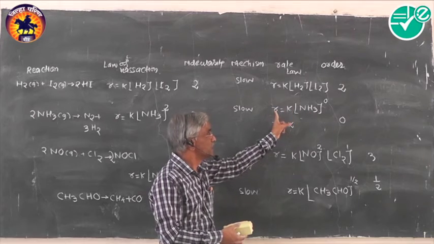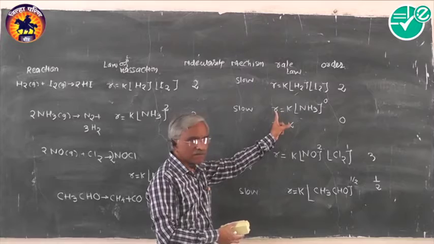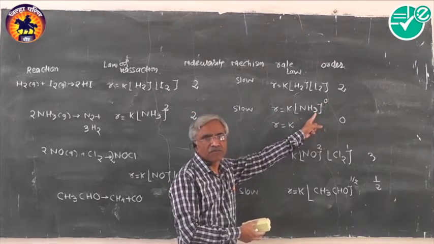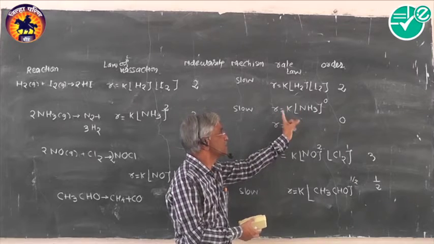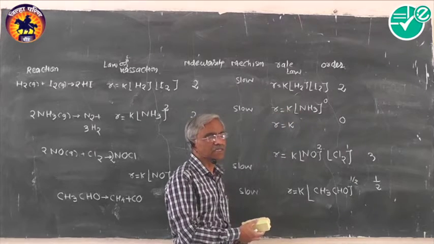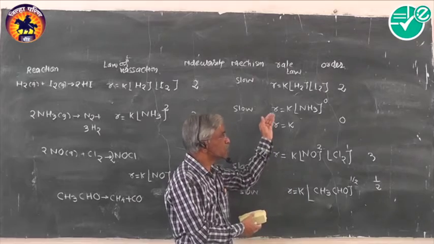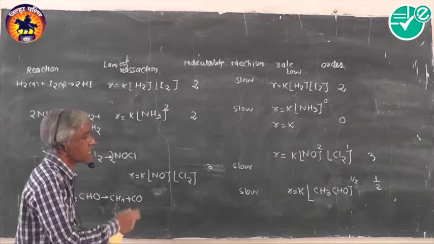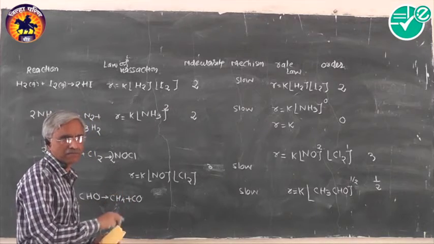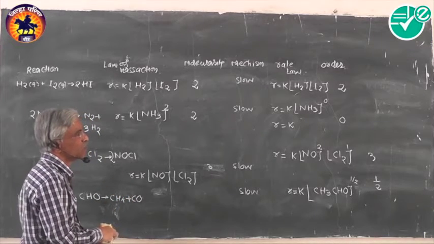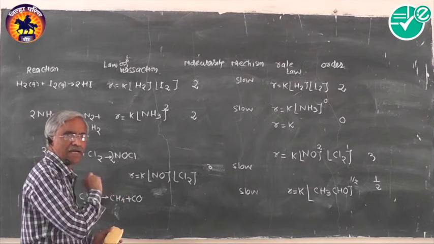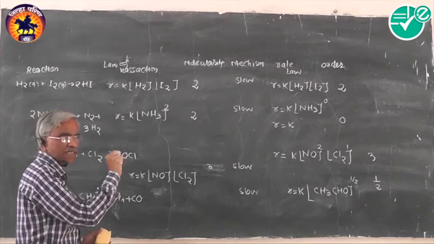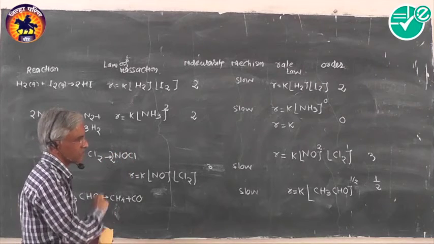Therefore, the value of K itself becomes the rate, and it is the zeroth order reaction. It is also said that a reaction whose concentration remains constant throughout the reaction is also called a zero order reaction.